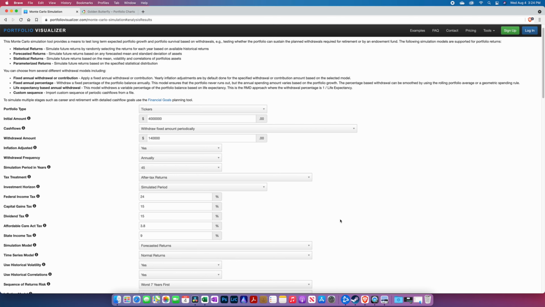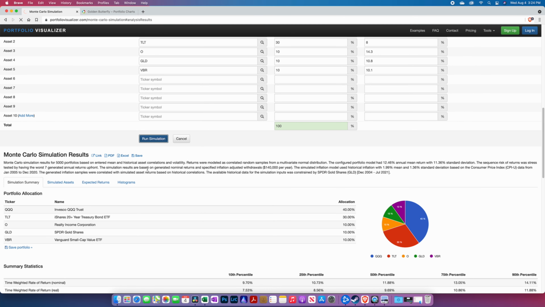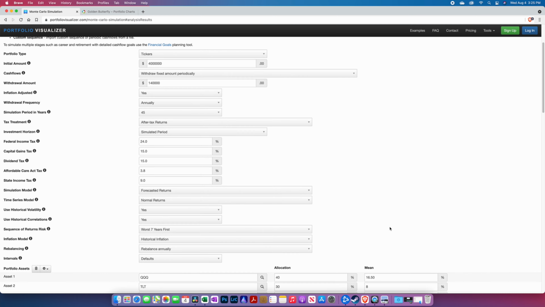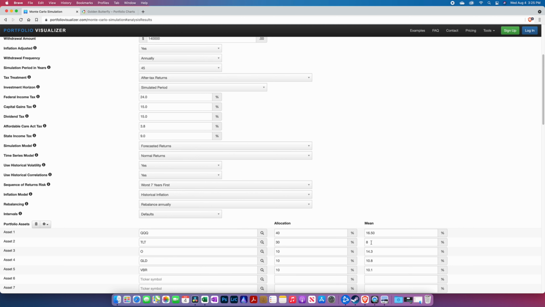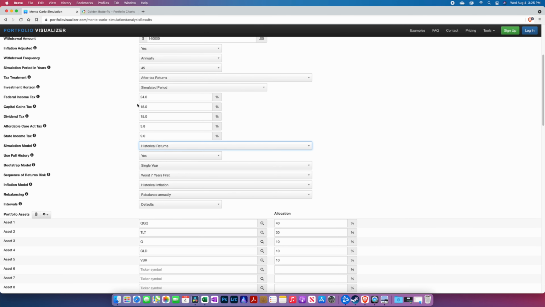So we can fill that in and run the simulation, and it will adjust our returns accordingly. Here we go. So a lot less, right, with the tax factored in, okay? And again, this is using just the 8% return, which is the expected return, so we can switch back to historical and just adjust it for taxes, okay?